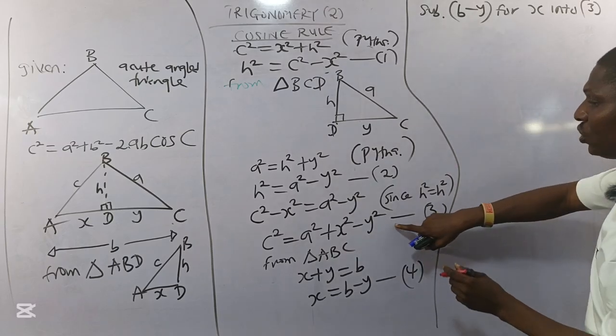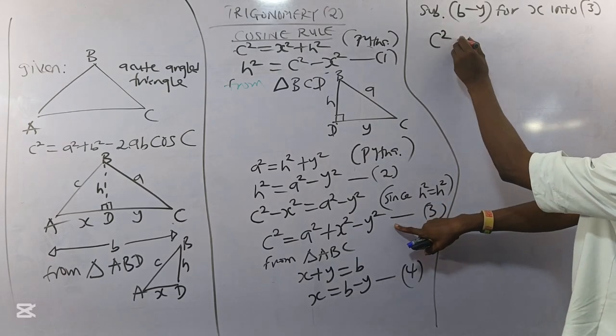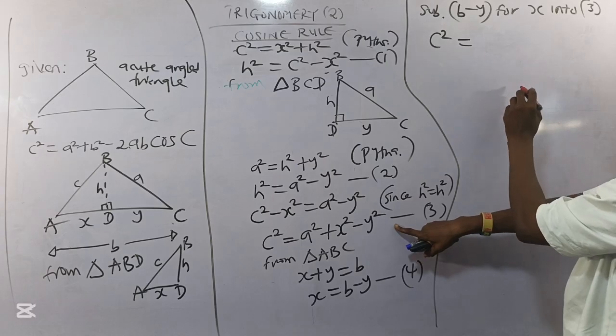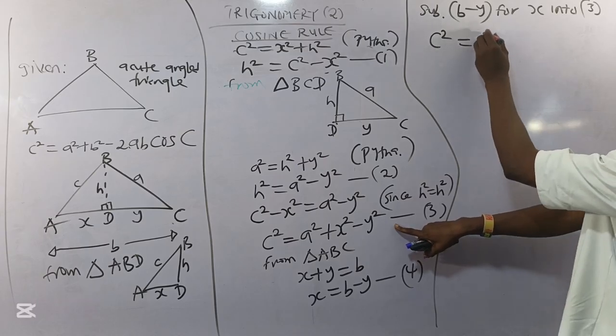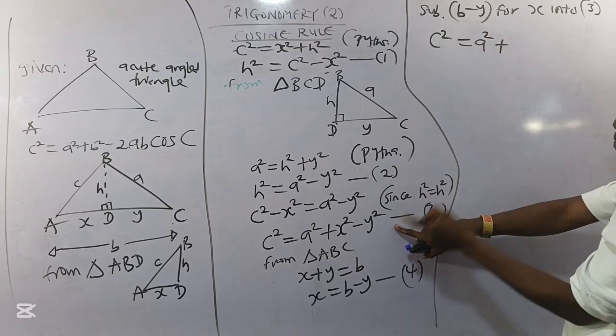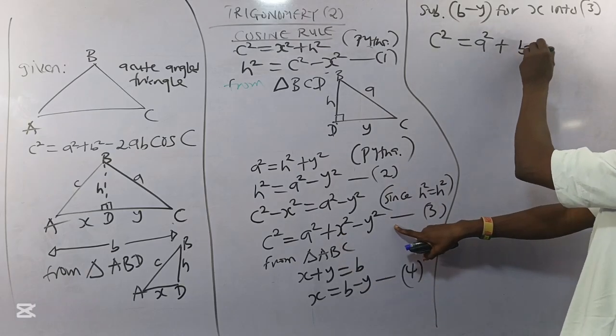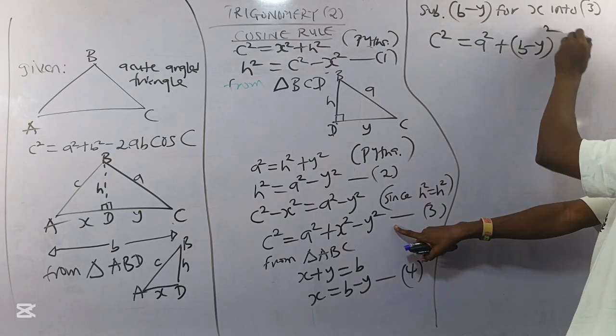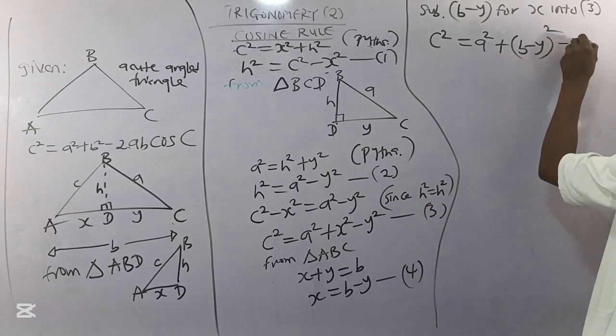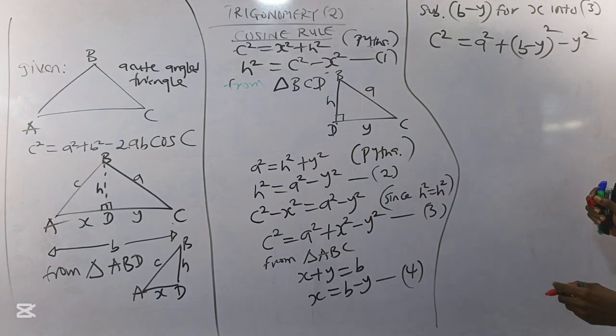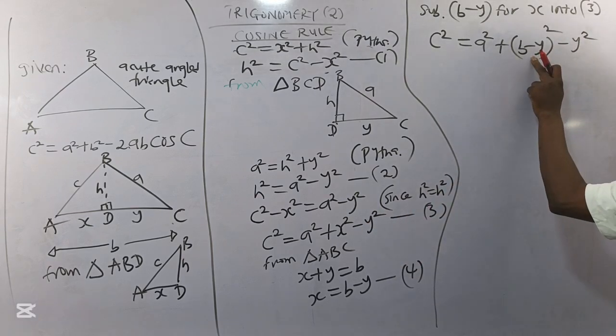So if I'm putting it into 3, I have C squared equals A squared plus the value of X, which is B minus Y, B minus Y, close bracket, squared, minus Y squared. So to save my space, let me expand this.